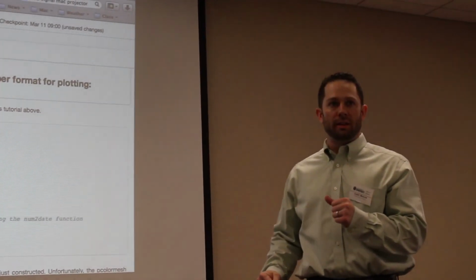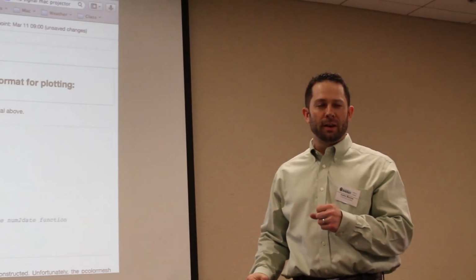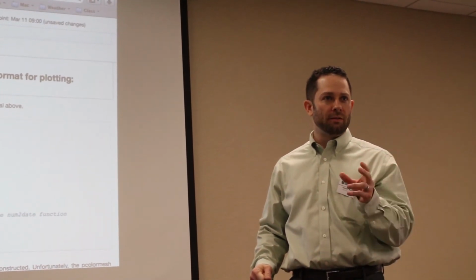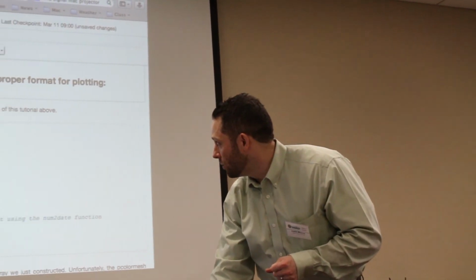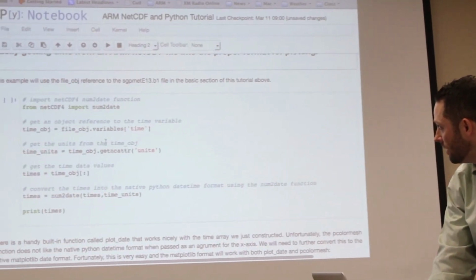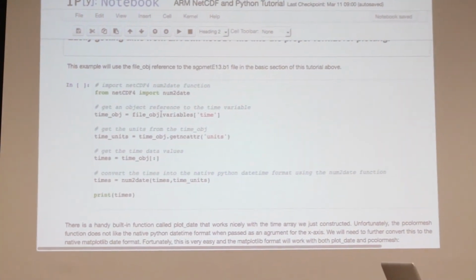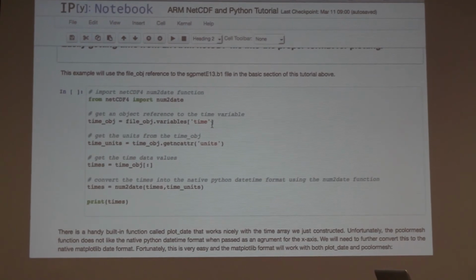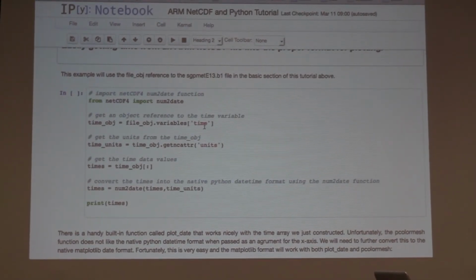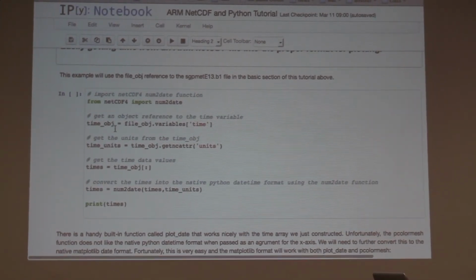It just needs the units, which have to be UD units compliant, and almost all ARM NetCDF files are. In this case, we're going to reference that first file object we opened above with the metadata when we made the temperature plot. I'm pulling up the time variable now, so I'm doing .variables time, and that's our time object.